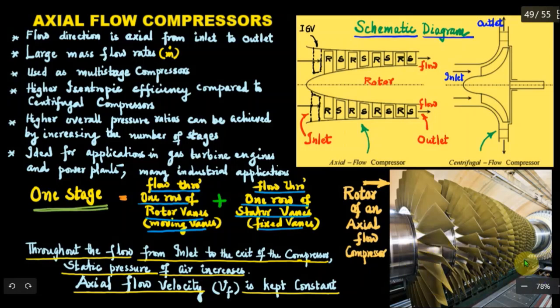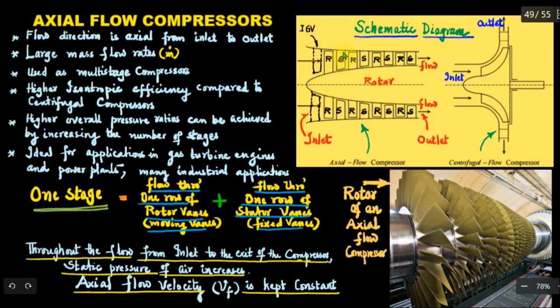When this rotor with vanes is assembled into a casing, or encased within a casing, then there will be stator vanes. Rows of stator vanes will come in between every two rows of rotor vanes. So between every two rows of rotor vanes, there will be a row of stator vanes when this rotor is assembled in a pressure tight casing.